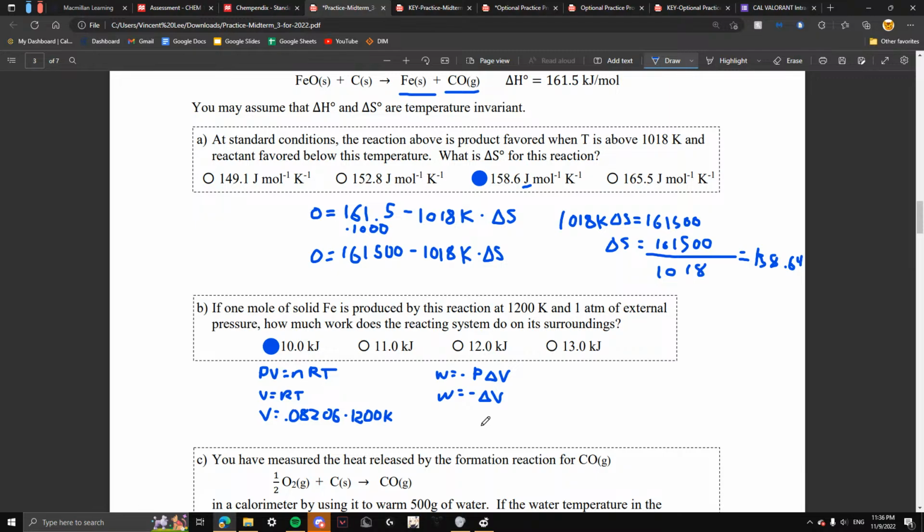And then it is 0.08206 times 1200, which is equal to 98.472 for the volume. But we also have to remember that this volume here is given to us in, I think, liter atmospheres.